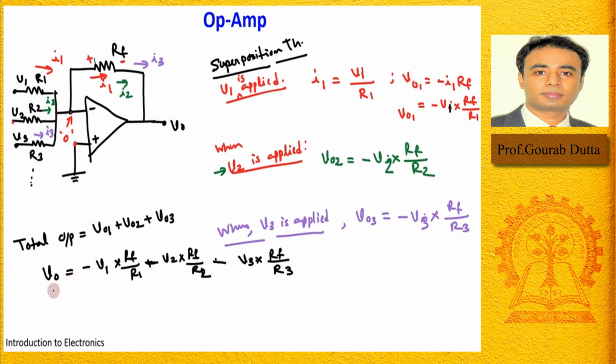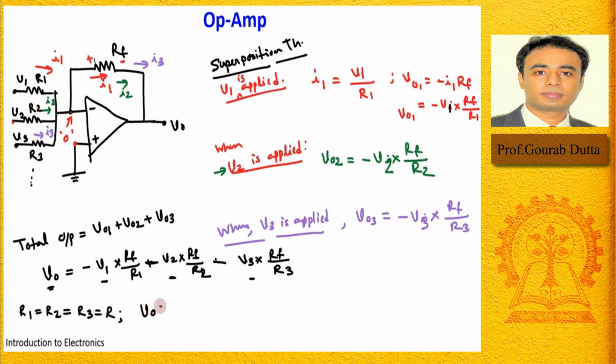So here you can clearly see this output voltage is the sum of this V1, V2 and V3, because you can take this negative sign common. Maybe it will be easier to understand if you consider a special case when R1 equals R2 equals R3 equals R, right?